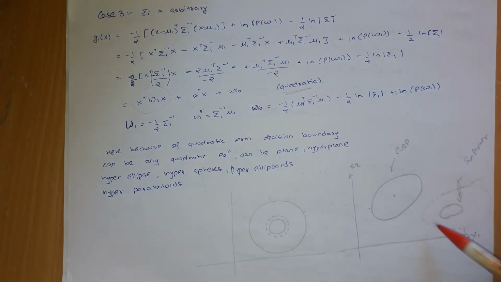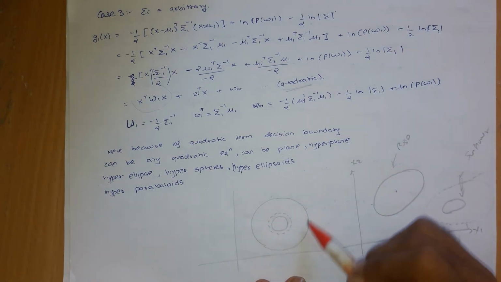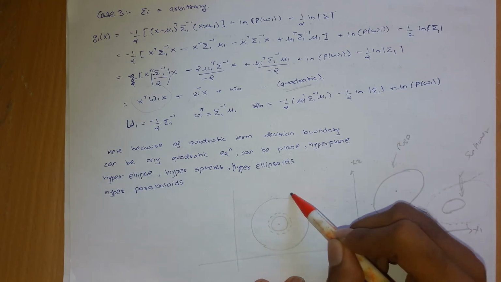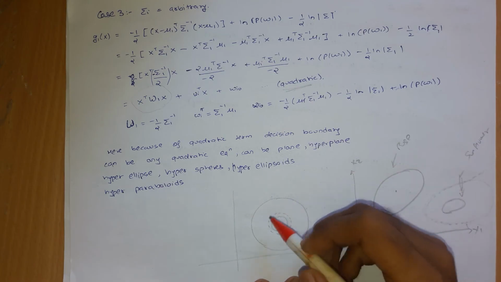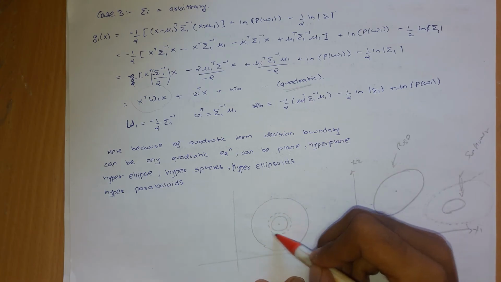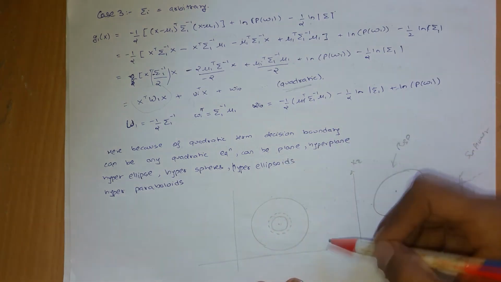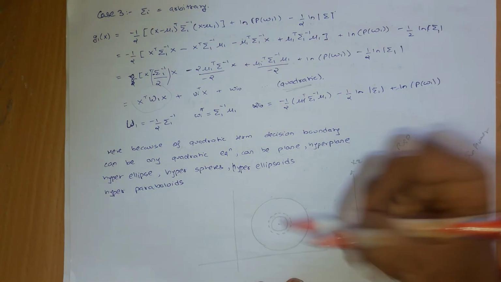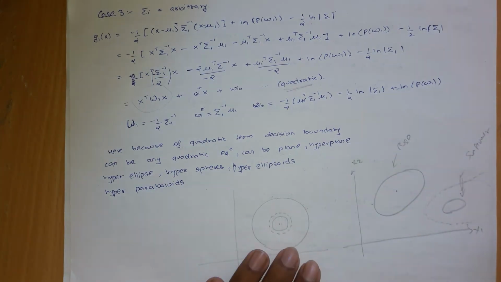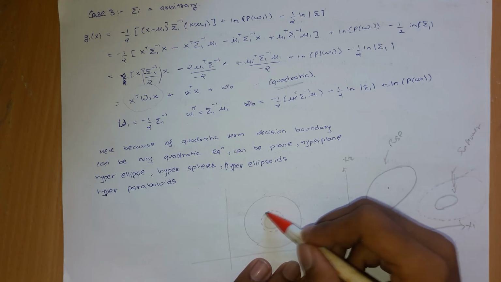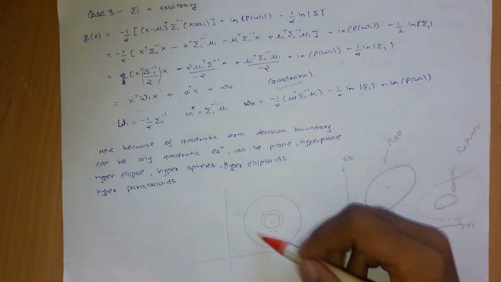Also you can have a case like this where the means are coinciding but the variances are different. In this case you can have a decision boundary like this. The samples inside this region belong to this class, and all the samples outside belong to that outer class. So it is also possible that you get a circular or a spherical decision boundary.